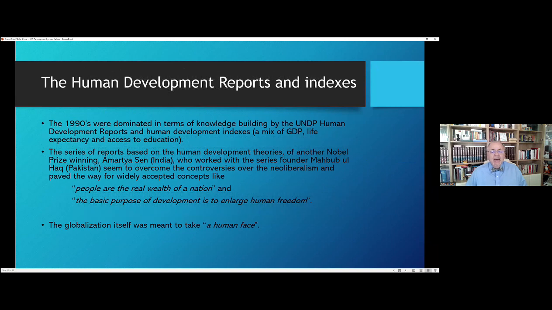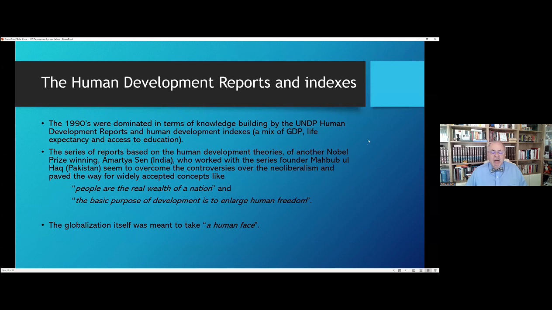Then in the 90s, we had this wave of optimism that everything is possible because the Cold War was over. And the UNDP launched another revolutionary idea, and that is human development. Again, we had a Nobel Prize involved in the conceptualization of human development.